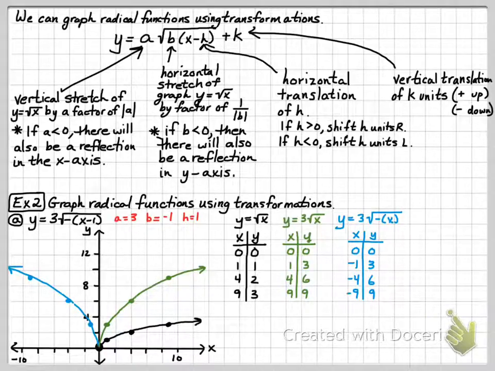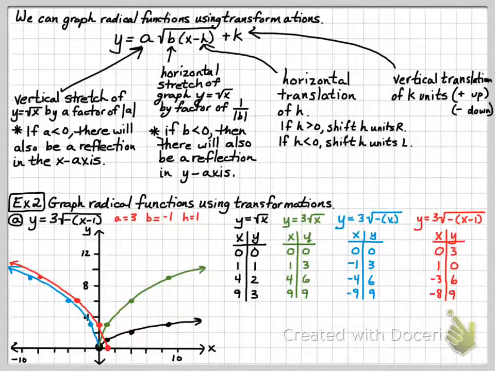There's my reflection in the y-axis. Lastly, h is 1. So now there's going to be a shift of 1 unit to the right. That's what it's going to look like when everything is all said and done. My final graph is the graph in red.